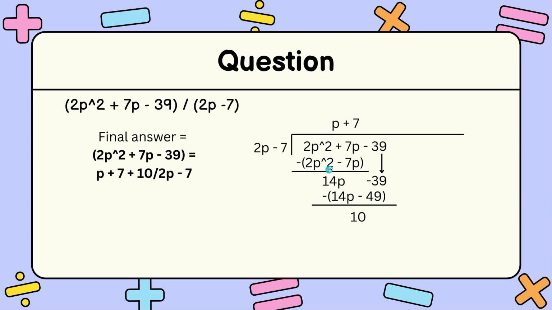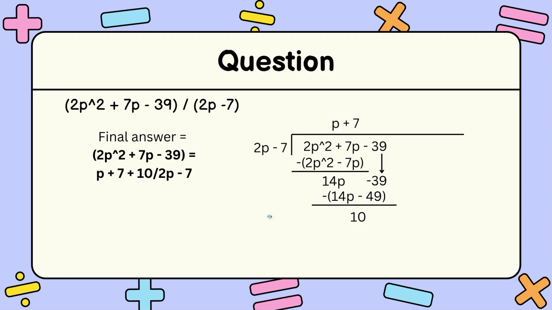And in order to proceed, you must be able to cancel these two out. So this bottom expression will be set as a negative: negative 2p squared minus 7p. So these two cancel out, and since we have a negative times a negative, this will turn positive, meaning 7p plus 7p, which is 14p.